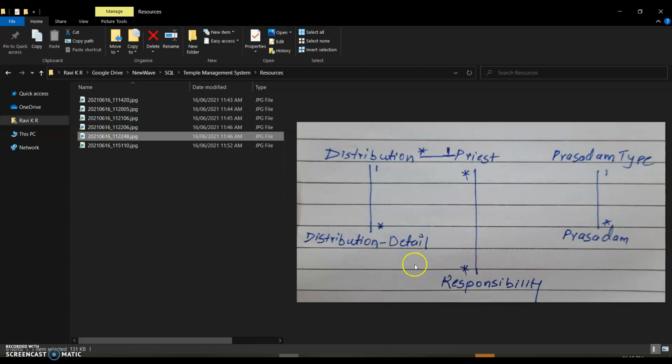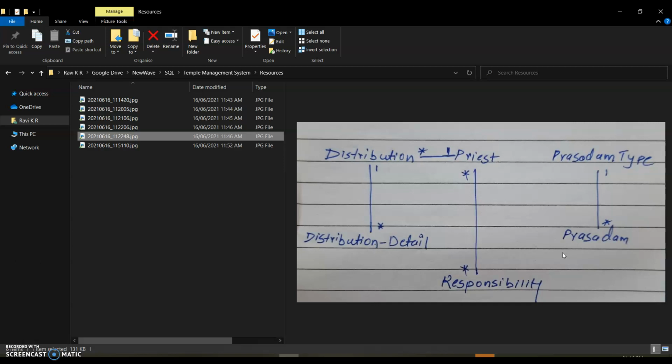But if you think about the association between distribution detail and prasadam, one row of distribution detail will simply be associated with one prasadam item. So this is something which you'll have to carefully imagine. If it is difficult at this point, you might just want to put some data into the database and try it out.